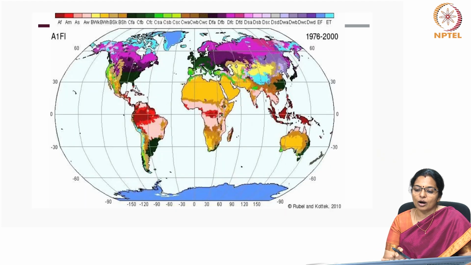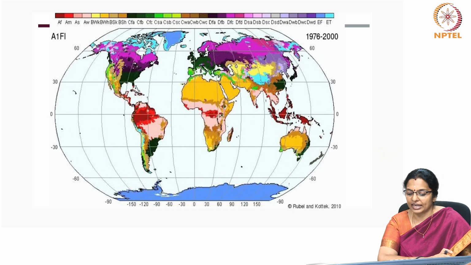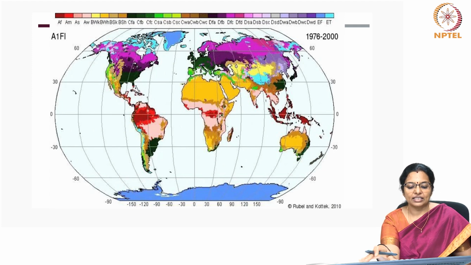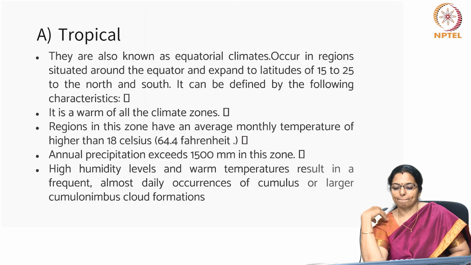So, this is how the whole world's weather is classified as per Koppen classification, with all the classifications placed here.